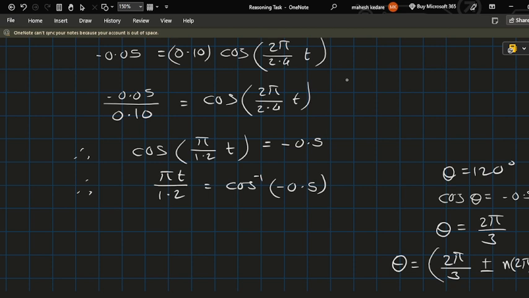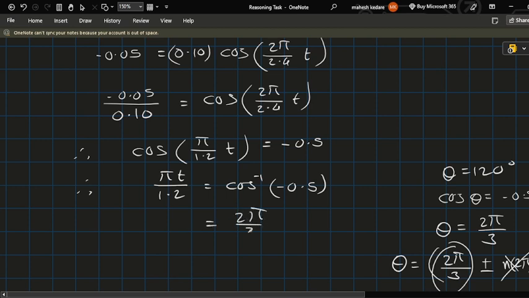So the time value that we have to calculate must be a minimum time value, and the minimum time value of course corresponds to the angle pi by 3 only, without anything added or subtracted. So we have to consider only the pi by 3 angle value here.